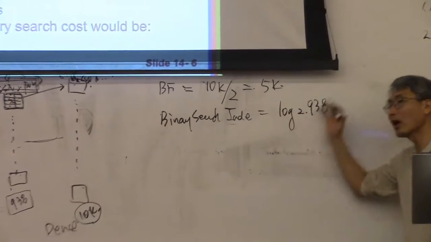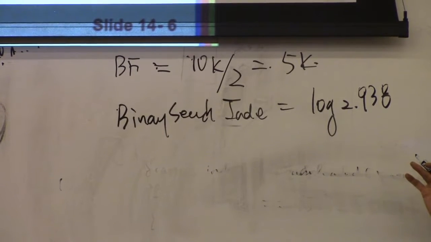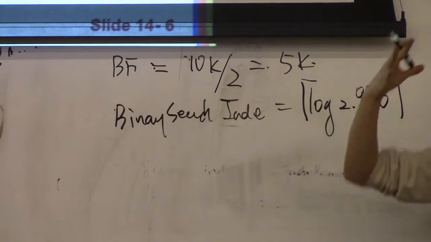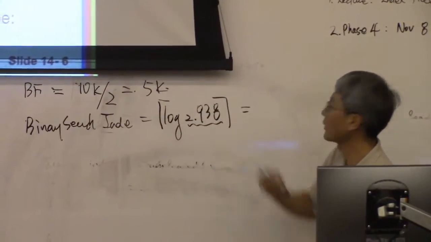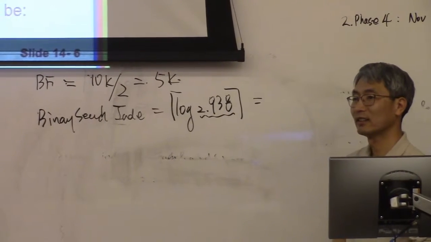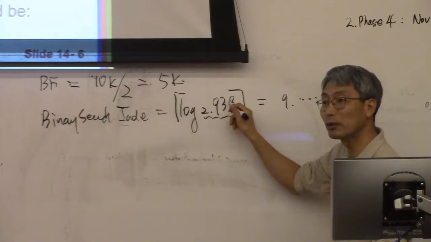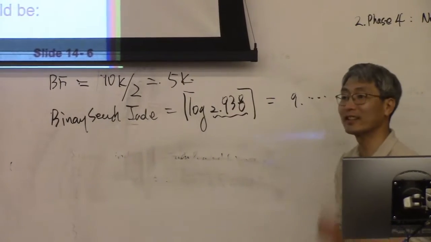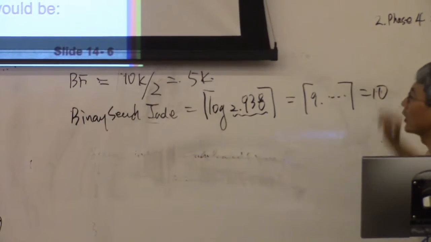Is it floor or ceiling? It should be ceiling because it's a number of blocks, a whole number. How much is that? Probably 9 point something. 2 to the power of 10 is 1K, so it's slightly less than that. So 9 point something, which means 10.